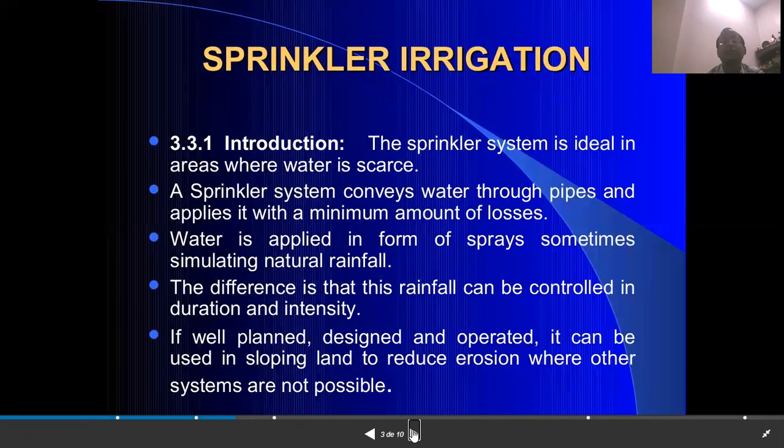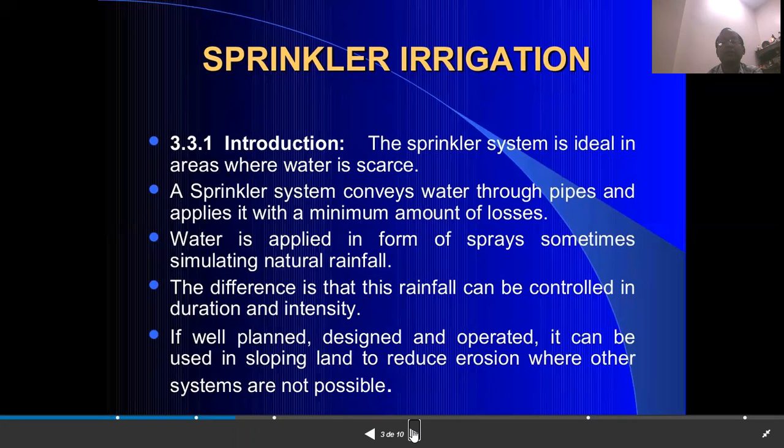Sprinkler irrigation. The sprinkler irrigation system is ideal in areas where water is scarce. A sprinkler system conveys water through pipes and supplies it with a minimum amount of losses. Water is applied in the form of spray, sometimes simulating natural rainfall.